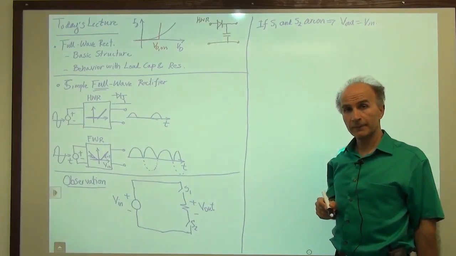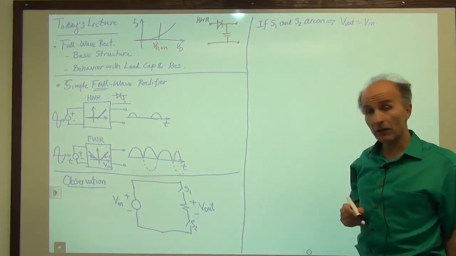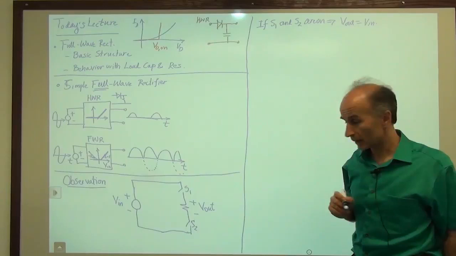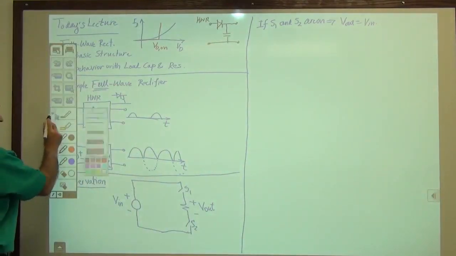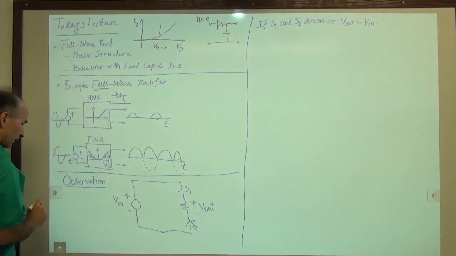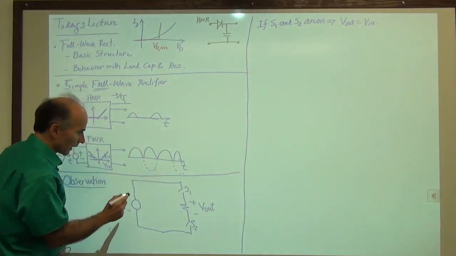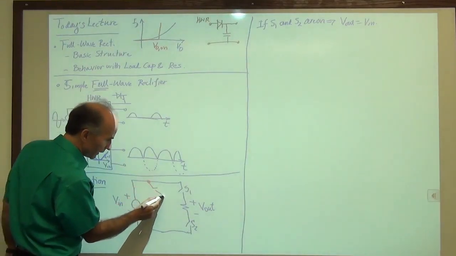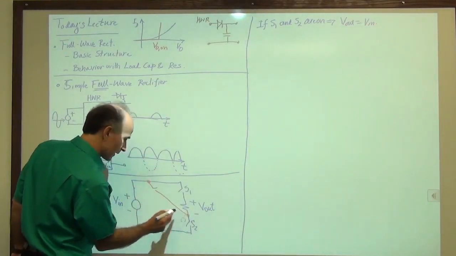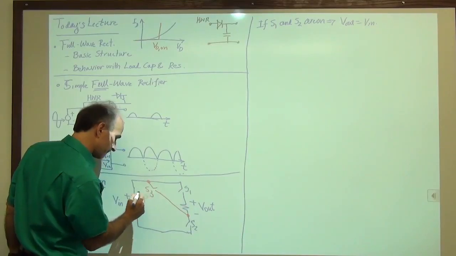So far so good? All right, now let's make the problem more interesting. We will add two more switches, and for that I will change the color of my pen. So I will add a switch from here to here, and call it S3.